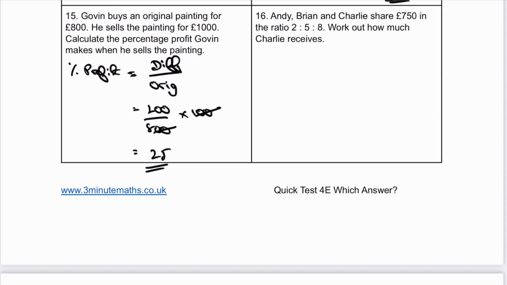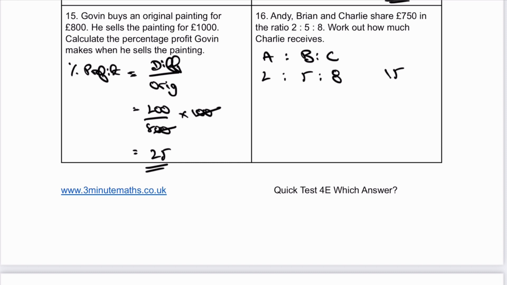Okay, number 16, Andy, Brian and Charlie, as these people always have A, B and C when it comes to ratios, they share £750 in the ratio 2 to 5 to 8. Well, let's have a look at what happens with 2 to 5 to 8. So basically if they shared £15, Andy would get £2, Brian would get £5 and Charlie would get £8.